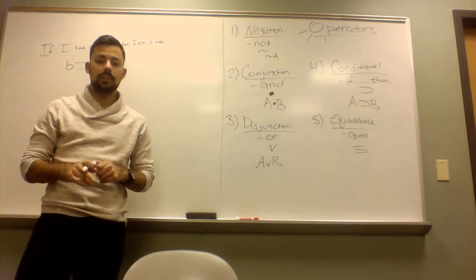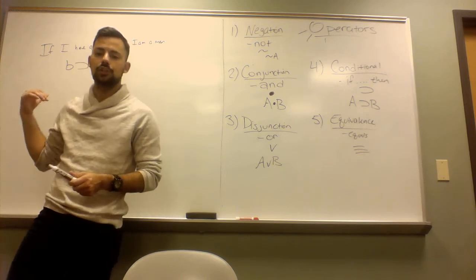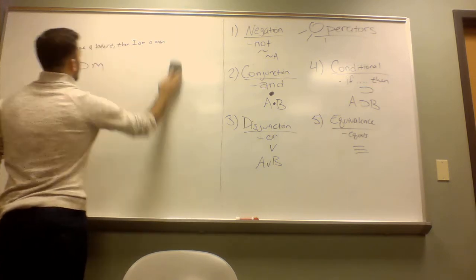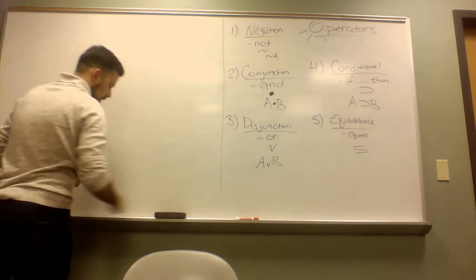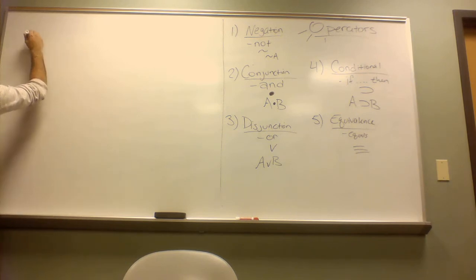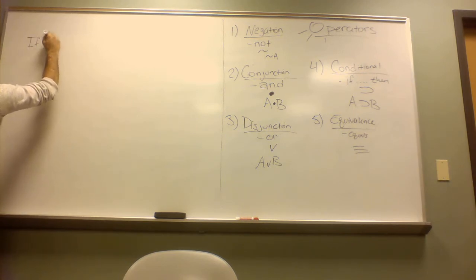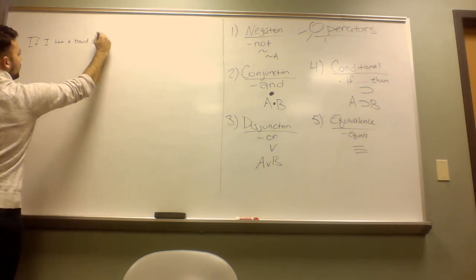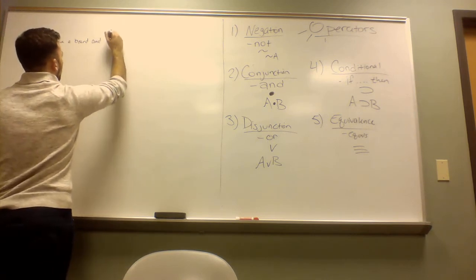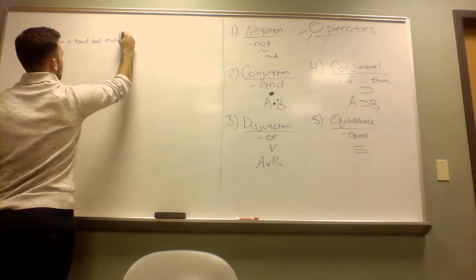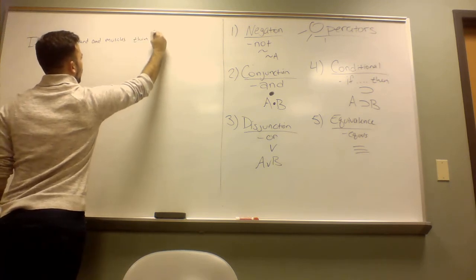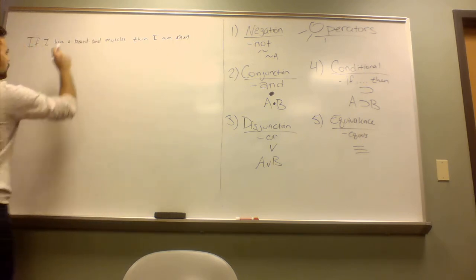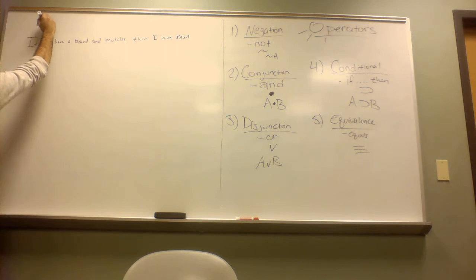And some of these statements, though, may be a little bit more complex than just this. All right? So some statements will be of the nature of, let's say I say something like, if I have a beard and, I don't know, muscles, then I am a man. Okay, so here let's use B will equal beard.